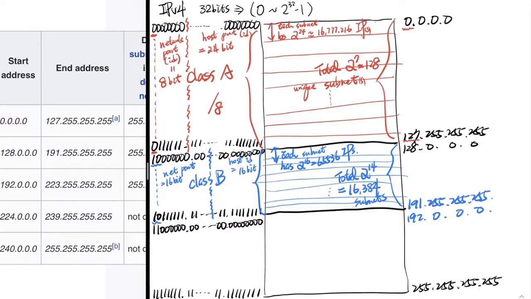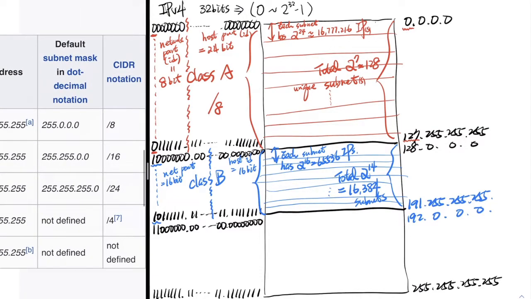All IP addresses in class B have the same leading 2 bits, 1, 0, and the next 14 bits are used as the unique part for network ID, and the rest of the 16 bits are host ID. In this case the CIDR representation is /16, because the first 16 bits are used as the network ID. So on and so forth.